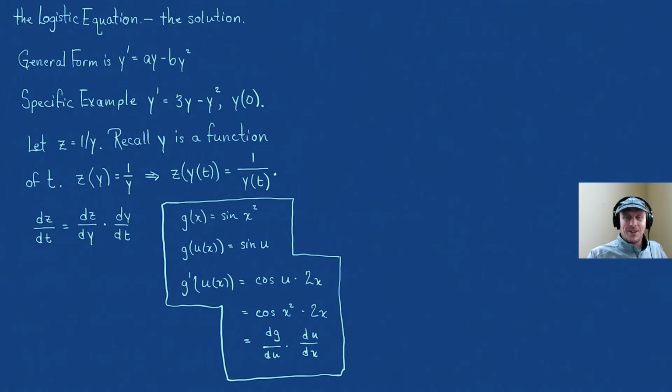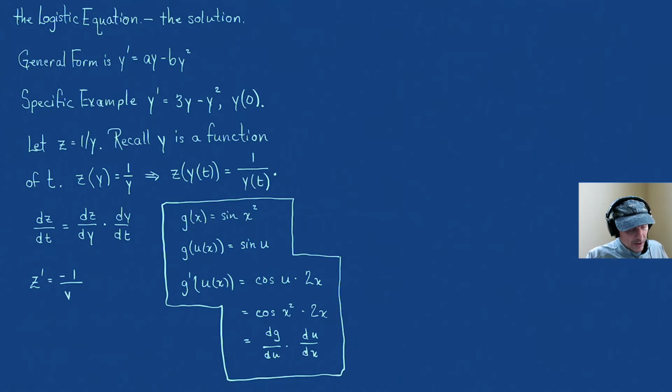The next thing we do is use all of this work. This is dz dt, another way of writing z prime, equals dz dy, the derivative of z with respect to y. Well, z is 1 over y, or y to the negative 1, so we apply the power rule. This gives me minus 1 over y squared, since we subtract another 1 to get y to the minus 2.